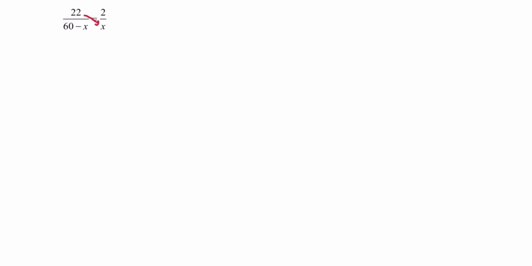22 times x equals (60 minus x) times 2. If you prefer, you can put the 2 to the front of the parentheses. The next thing we want to do is distribute the 2. We get 120 minus 2x.